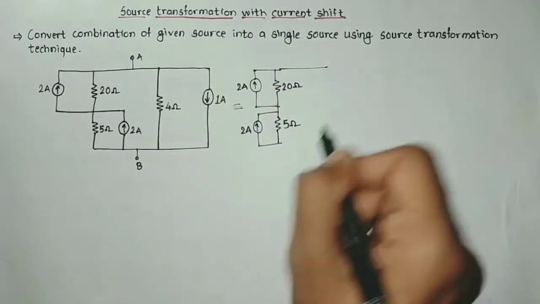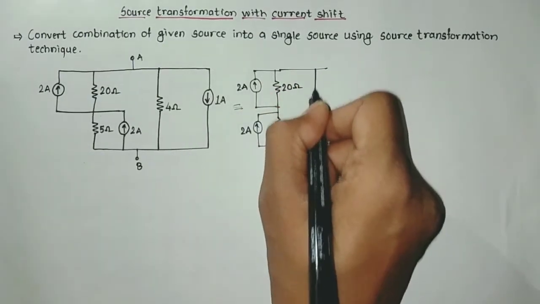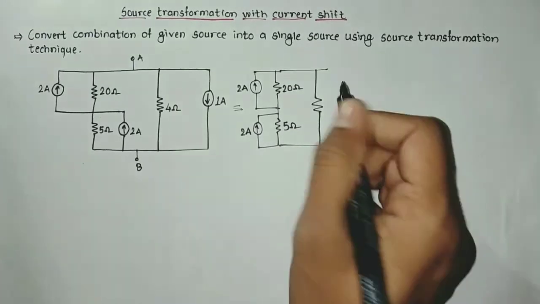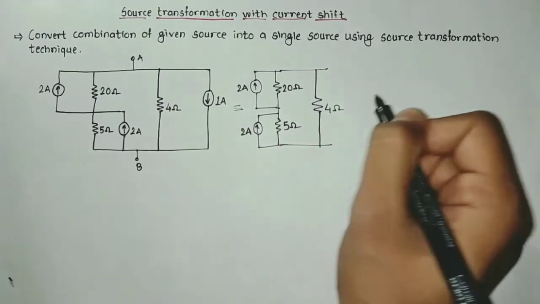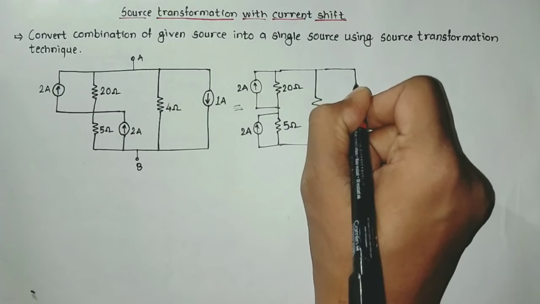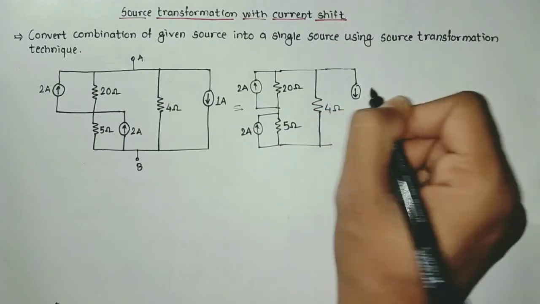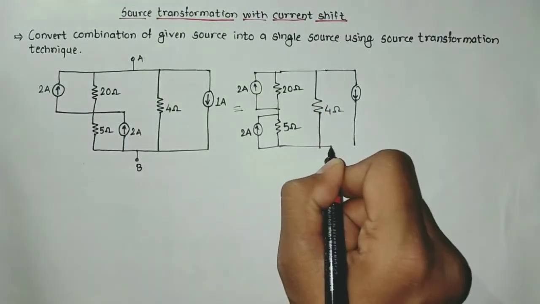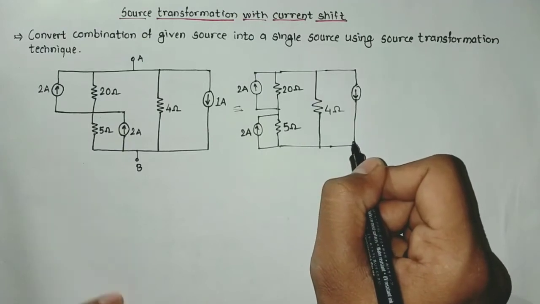Now this combination is in parallel with a 4 ohm resistance, and that too in parallel with a 1 ampere supply here.